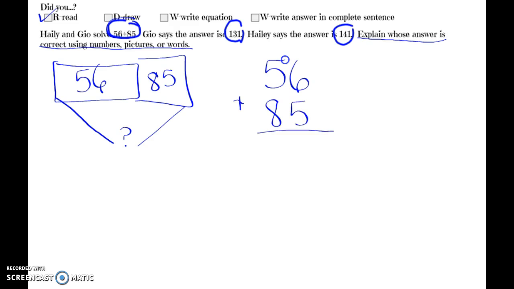To solve this problem, I'm going to use a place value chart along with a chip model. 1, 10, 100. Go ahead and pause the video while you write the problem in a vertical formation and then draw your hundreds chart. Press play when you're ready to continue.